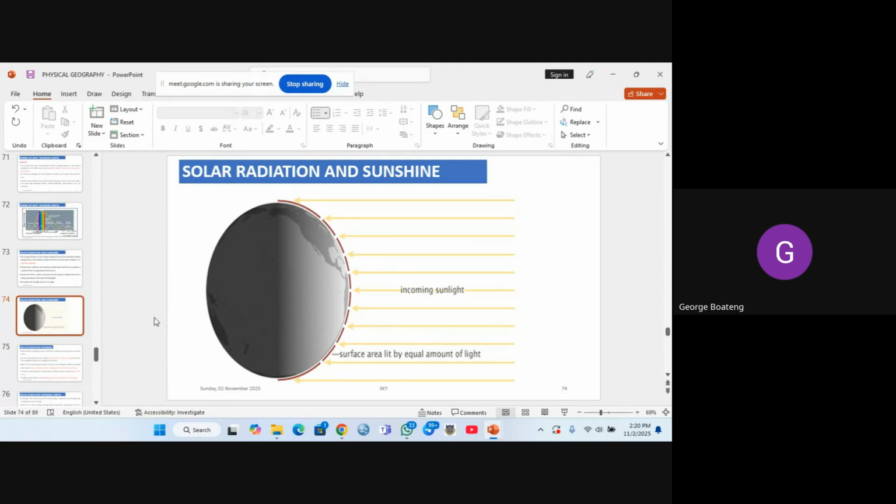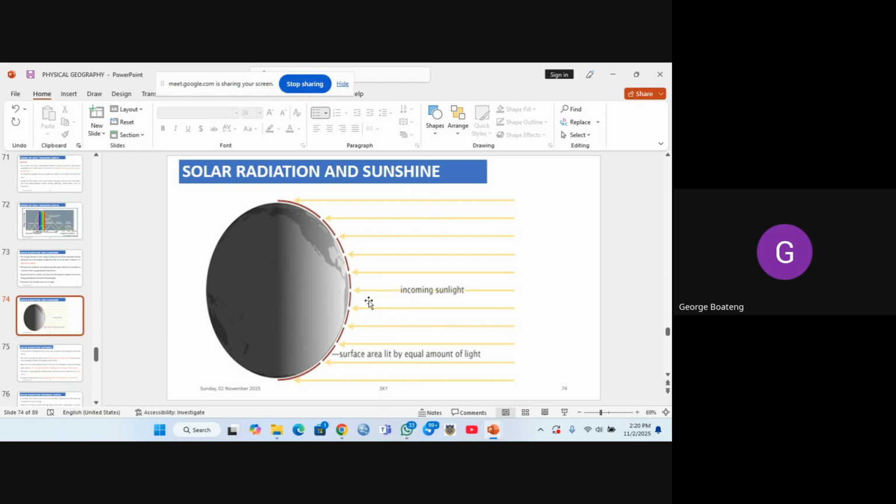Now, one thing we should understand is that the sun hits the Earth's surface at different angles. If you can see the picture on the screen, representing the Earth and the sun rays coming to the Earth's surface, we have the middle here, I call A, and the other part I call B. You realize that when the sun is coming, it takes a shorter distance to get to A. But when it is going to B, it travels a very long distance before it gets here.